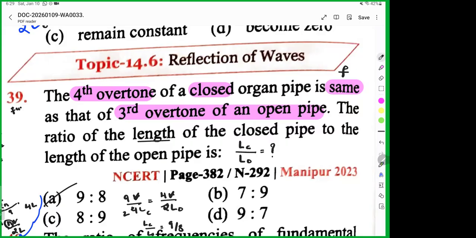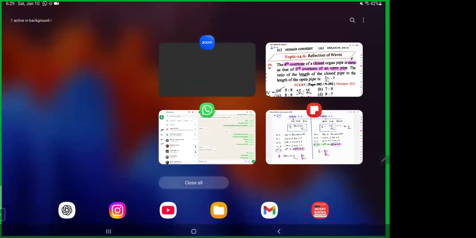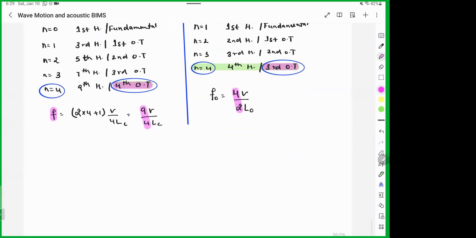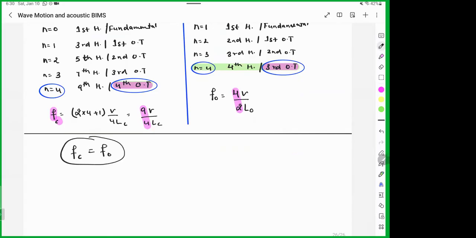Yes, sir. Understood? How to calculate? Because both are same, means both frequencies are same. It means frequency of closed organ pipe is equal to frequency of the open organ pipe.